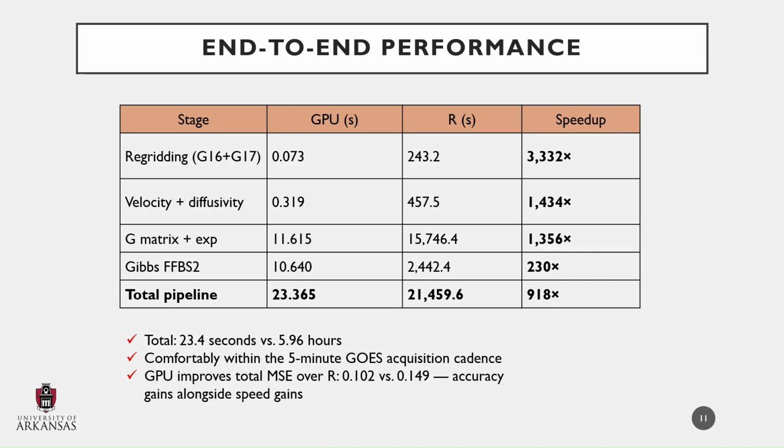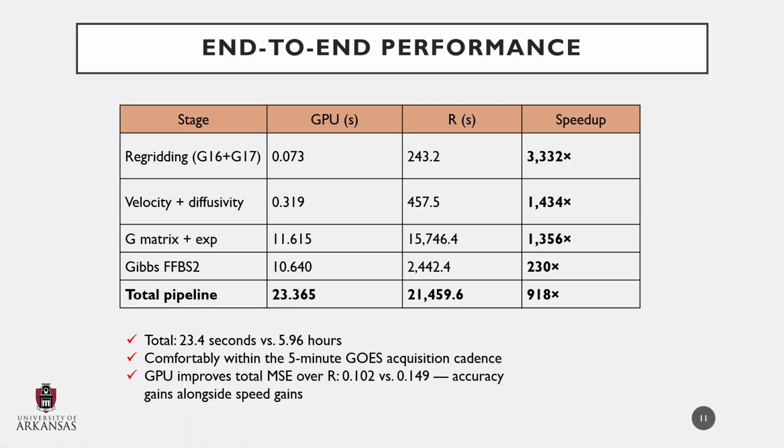Looking at the stage-by-stage breakdown, regridding both satellites takes 0.073 seconds on GPU versus 243 seconds in R, a 3,332 times speedup. Velocity diffusivity estimation takes 0.319 seconds versus 457 seconds, which is 1,434 times faster.